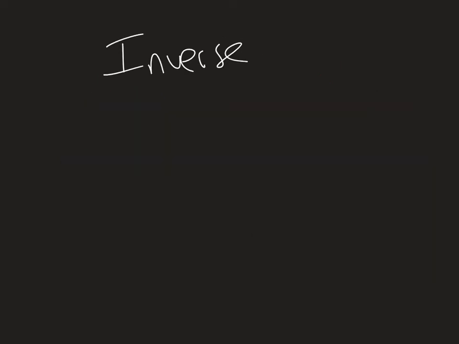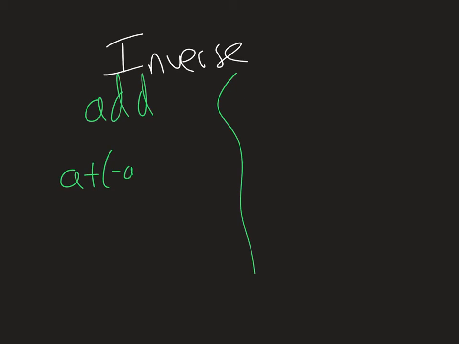And for addition, that happens when we add 0. Next will be inverses. So while we're talking about multiplication and addition properties, this is another one that has an addition one and a multiplication one, and they're similar but slightly different. So let's start with the addition one. A plus a negative A equals 0. Inverse comes from the idea that I'm canceling it out.